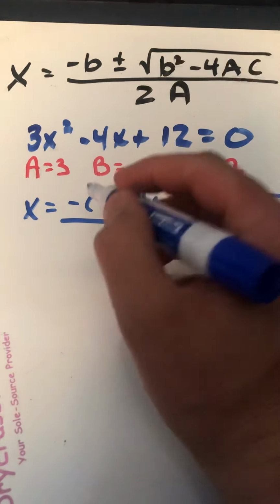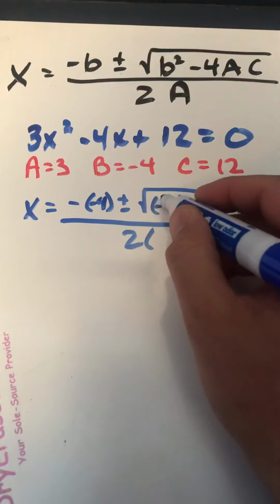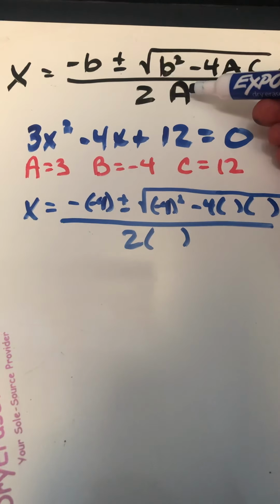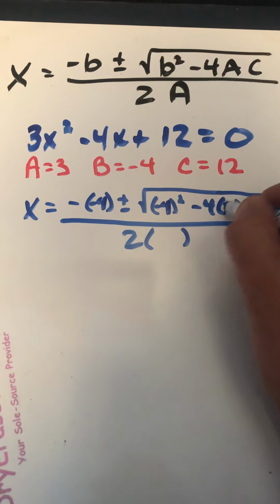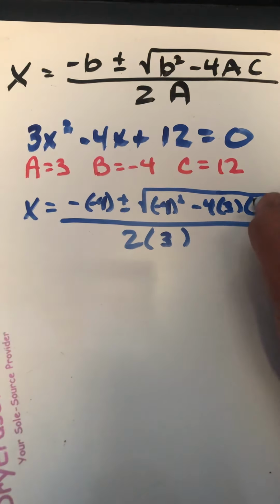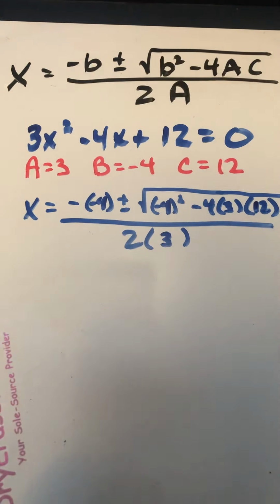Since our b value is negative 4, I will replace both of those locations with a negative 4. Our a value goes once here and once here. Since our a value is 3, I will replace both of those locations with a 3. Our c value goes here, and our c value is 12, so I'll put a 12 in there.